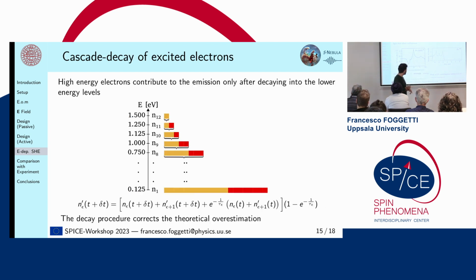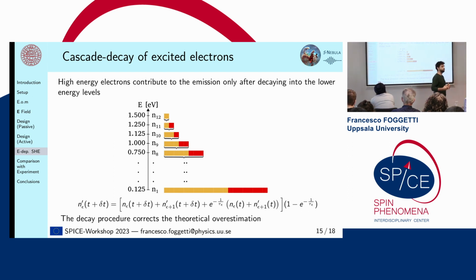So I may take, for example, the electrons that are in the highest energy level, 1.5 eV, and let them decay according to their lifetimes that I was mentioning before, into the second to highest level. But at the same time, the second to highest can decay into the third to highest, and so on. So I can renormalize the density of my electrons according to their lifetime in order to give them the time to decay into the lower levels.